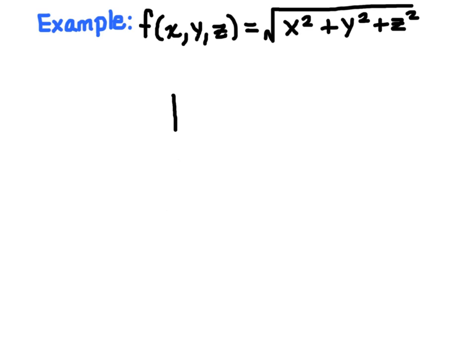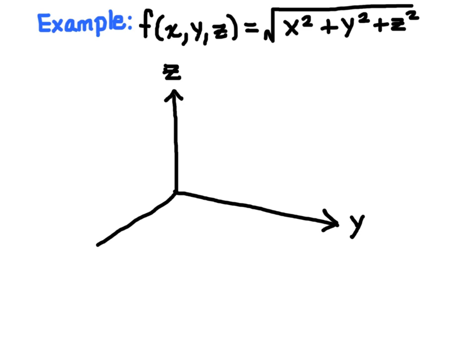Here's our z-axis, and I'm drawing just the positive portion of the z-axis. And here's our y-axis and our x-axis. Let's draw a little box to represent its three dimensions in space.